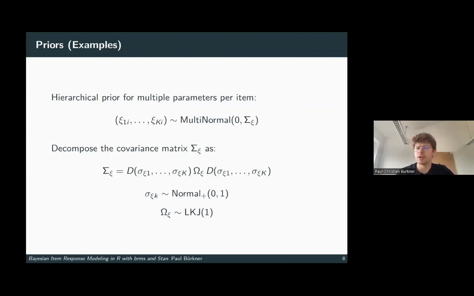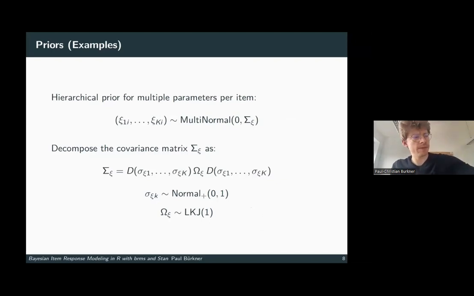For example, we could think of a case where some items that are more difficult are also better discriminating or would have different guessing probabilities than other parameters. The exact notation here doesn't really matter. The point is hierarchical priors can also be applied if we have multiple parameters per item or multiple parameters per person. Okay, are there any questions about that so far?